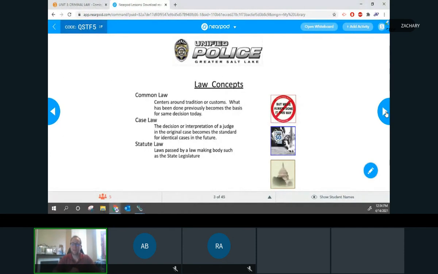There's case law, which is when decisions have been made by judges, and you can go back and say, hey, they've ruled this way in the past, so they should rule that way in the future. And there is statute law, which is made by the legislatures. So those are the 3 types of laws.